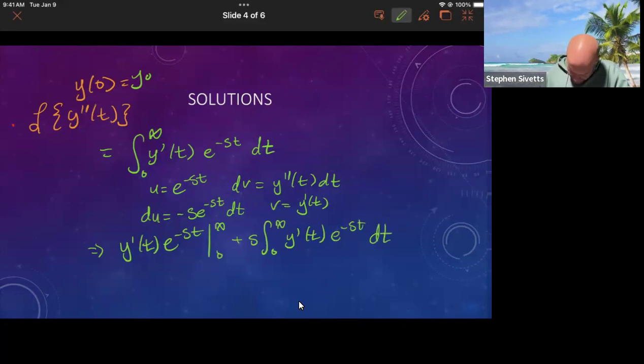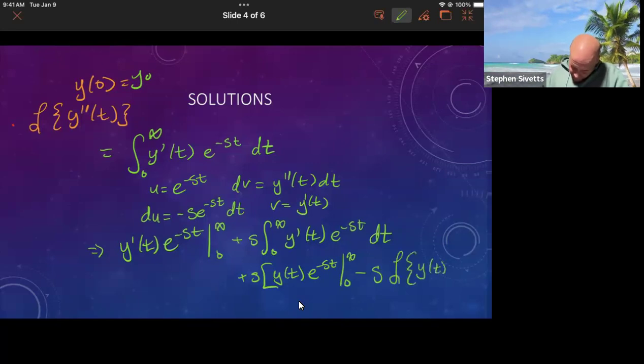And so this is plus s times, so we computed this already. So this is y of t times e to the minus st from 0 to infinity minus s times the Laplace transform of y of t.